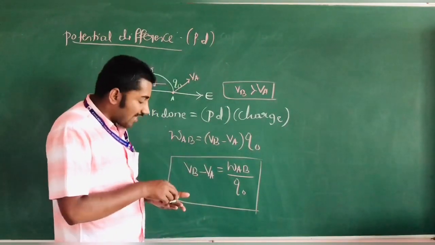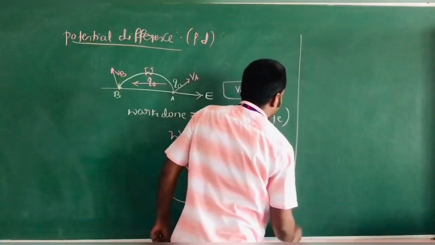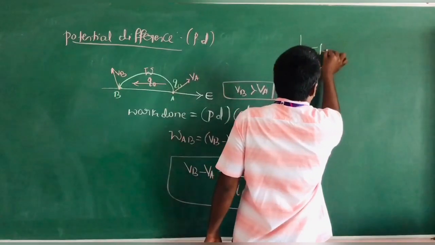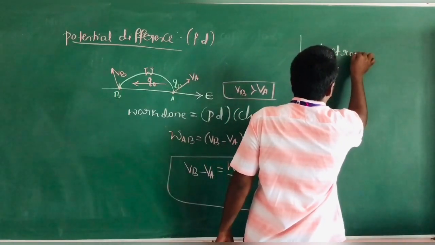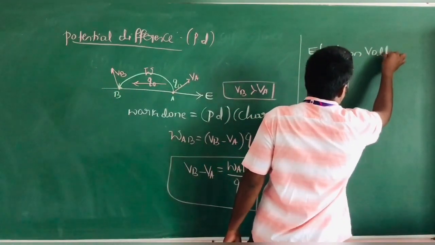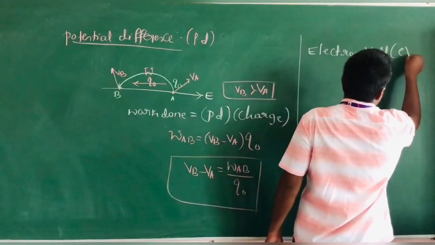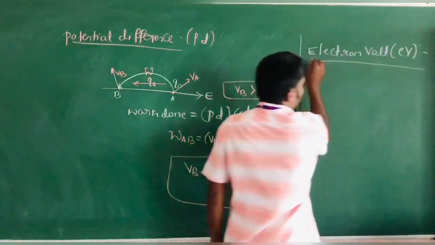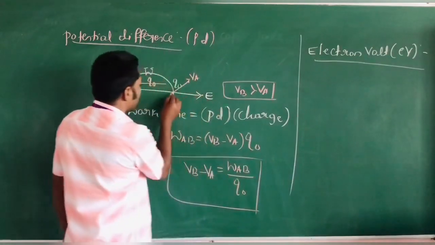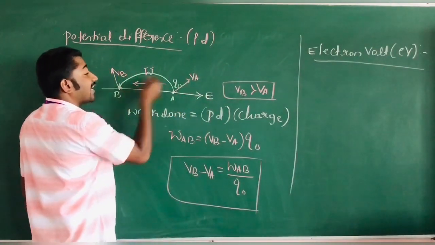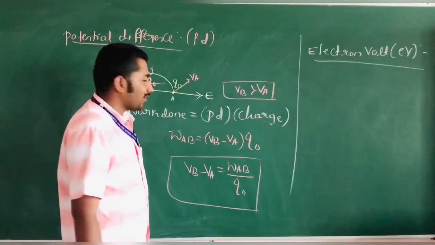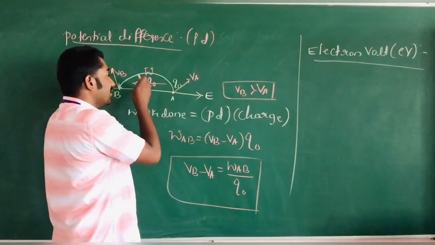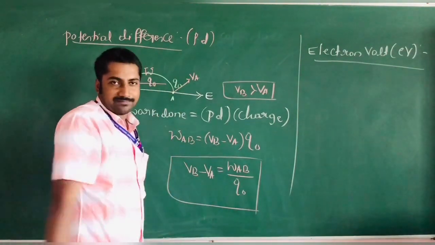The next concept of your topic is the electron volt, EV. EV means electron volt. When a charge is moved from point A to B against the direction of the electric field, the electron gains a certain amount of energy.